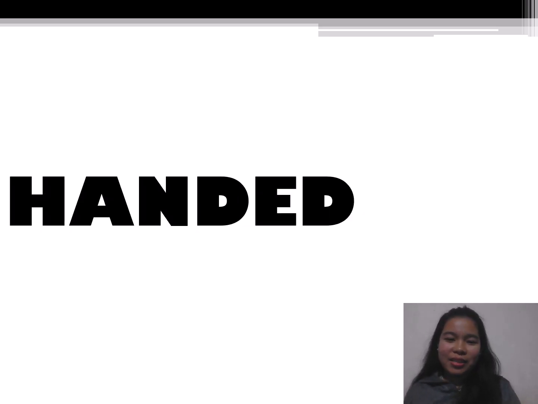Now ready for the next entry? Okay, let's start. How about this one? Handed. Handed is placed or situated closer to the left side of the screen, or left side of that, yes, a paper perhaps. Okay, so again, you may not give 10 seconds as a rule, or a 10-second countdown for you to let your students think of an answer.